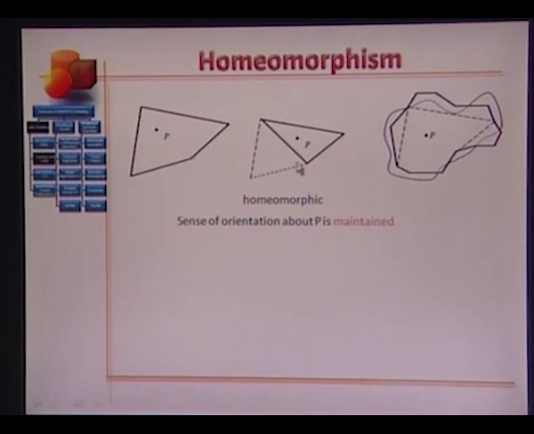Here as well, if you start from this point and travel counterclockwise, point P will be towards your left. You have to come back to the same point from where you started. The point I'm trying to make here is that the sense of orientation about a point P is maintained with all these closed polylines.